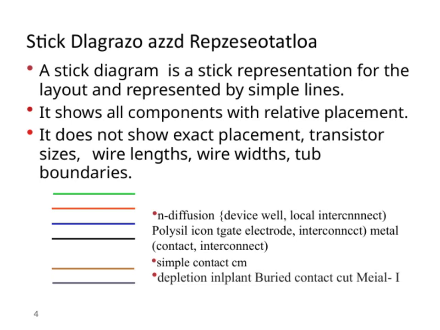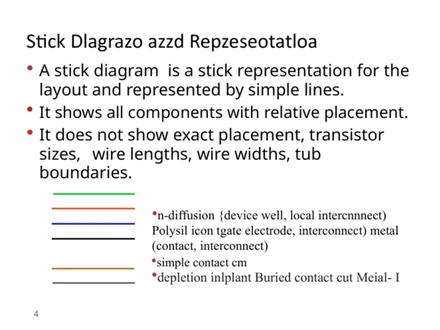Here we have a stick diagram, which is a simplified way to represent the layout of an integrated circuit using basic lines. The key idea is that it shows all the components and their relative positions without detailing the exact sizes or dimensions. For example, it doesn't specify exact transistor sizes, wire lengths, or widths, and it also omits details like tub boundaries.